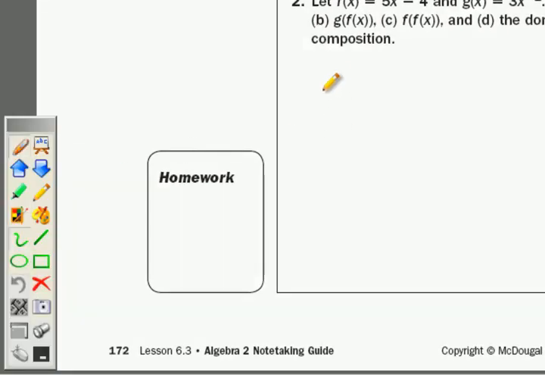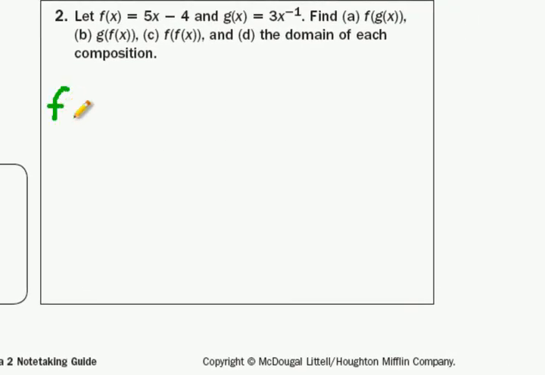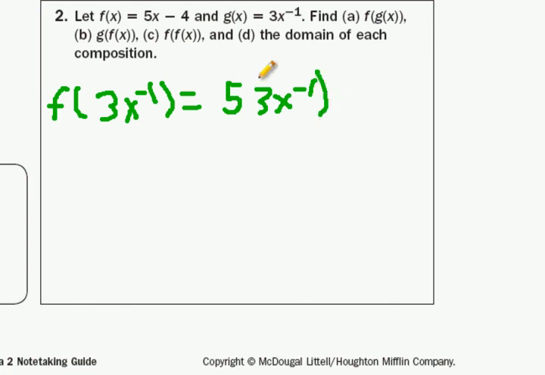All right. f of g of x is what they want us to find first. So if I do f of g of x, and g of x is 3x to the negative 1, that is going to be 5 times 3x to the negative 1 minus 4. Well, 5 times 3 is 15. x to the negative 1 goes to the bottom, 15 over x minus 4.